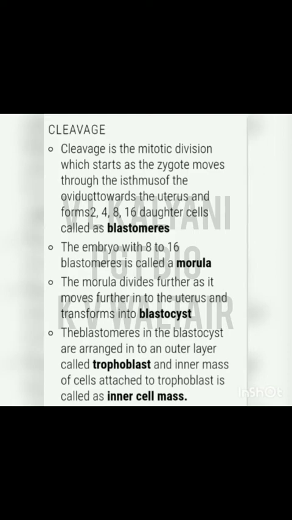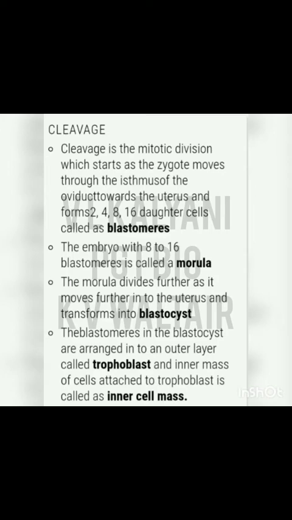So next part, children, we have already seen the zygote is formed in the ampullary isthmic junction. Now the zygote slowly starts moving towards the uterus. While moving like this, it undergoes mitotic divisions.